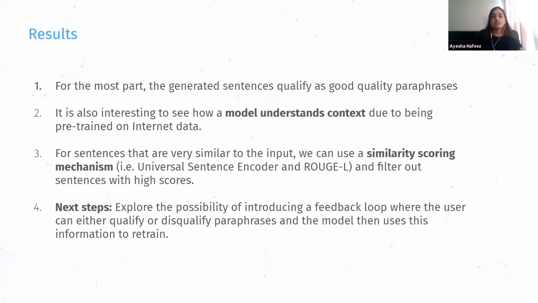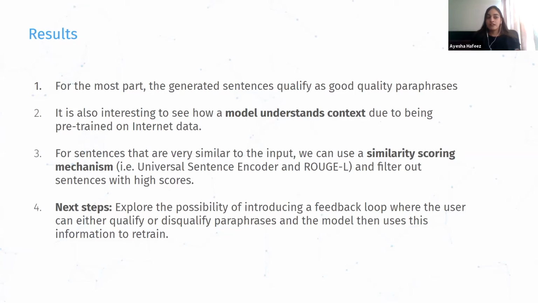Just to summarize the results, for the most part, the model was able to generate good quality paraphrases. You could see how it picked up on context because it was pre-trained on Wikipedia text.